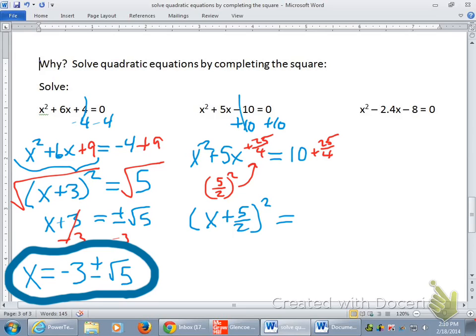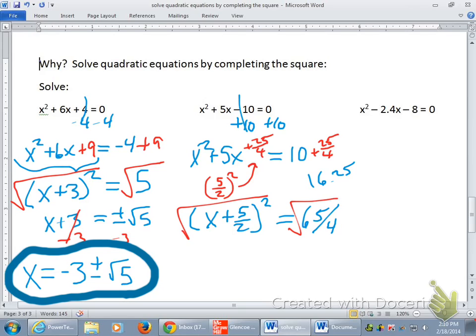Do you want to switch that? If I've got a fraction here, I should really have a fraction here. 65 over 4. All right. And then finish solving.